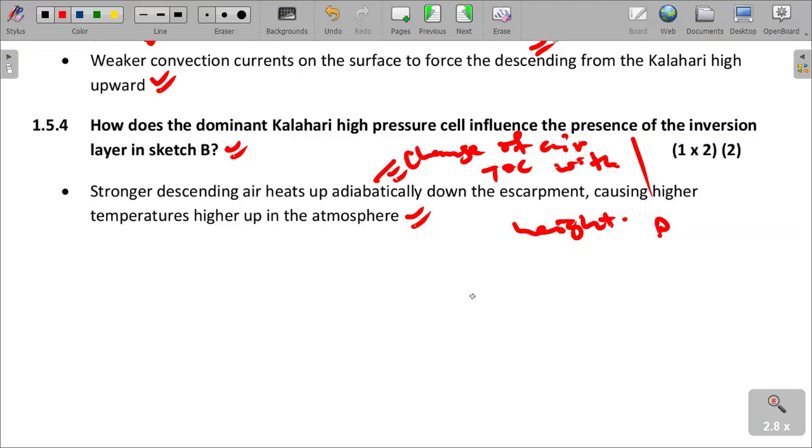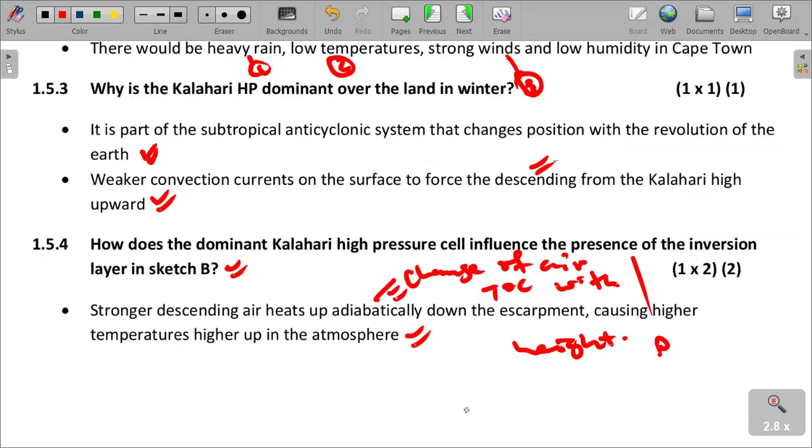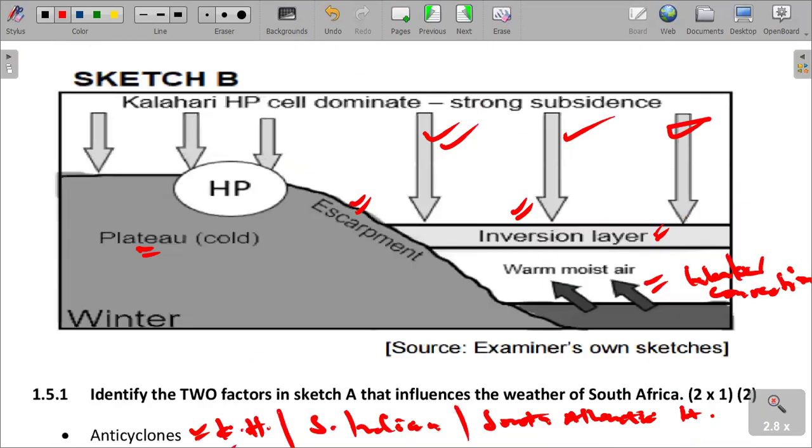So therefore, it actually influences the presence of the inversion layer in sketch B, that you can see there.